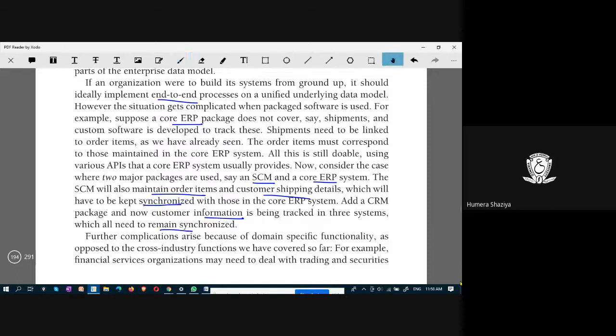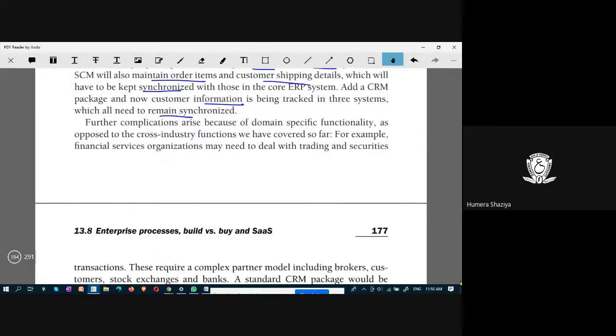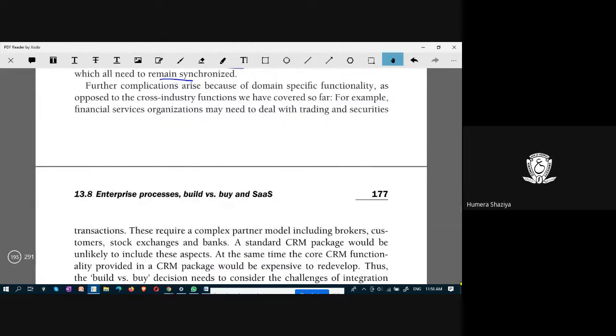Just try to think, when you have separate and individual recording of the information, it would be difficult to have any idea about those functions which are not under that particular domain or group.